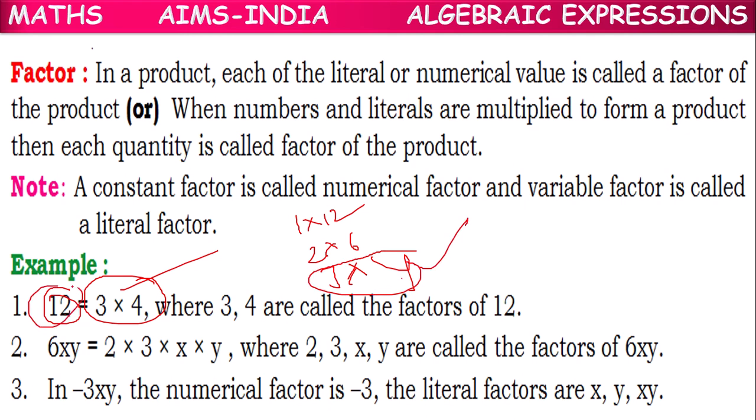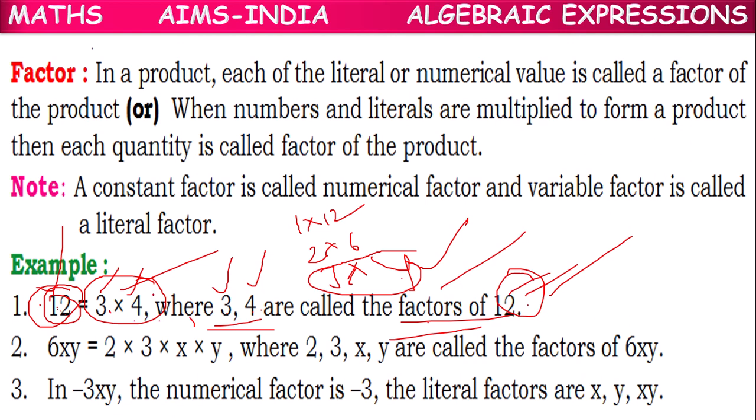The product 12 is made up of 2 quantities, 3 and 4. These are called factors of 12. But both are constants, so we call them numerical factors.